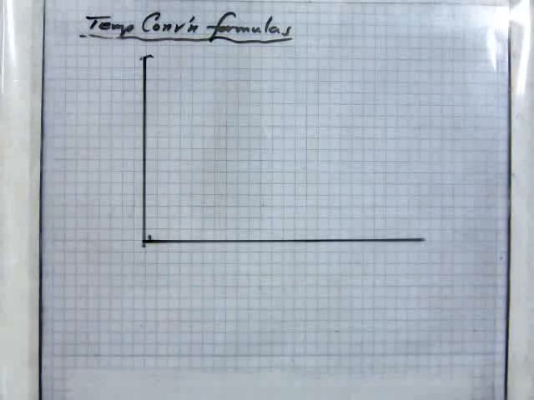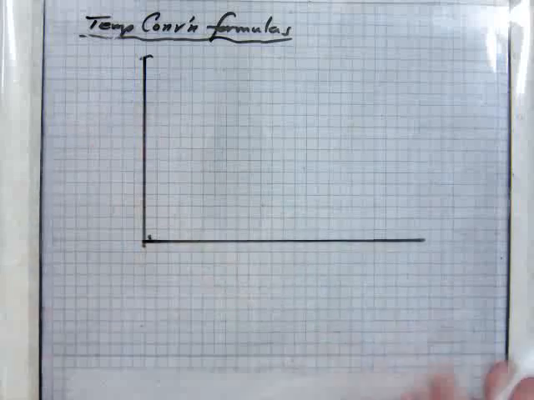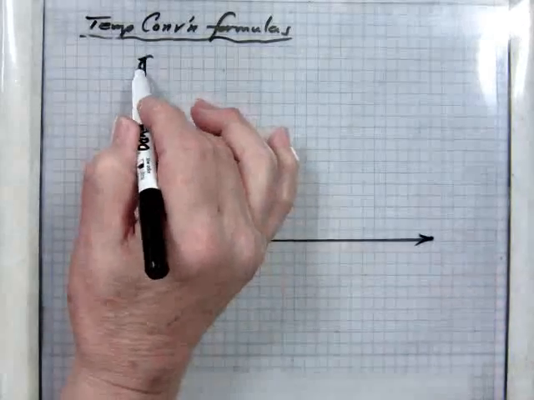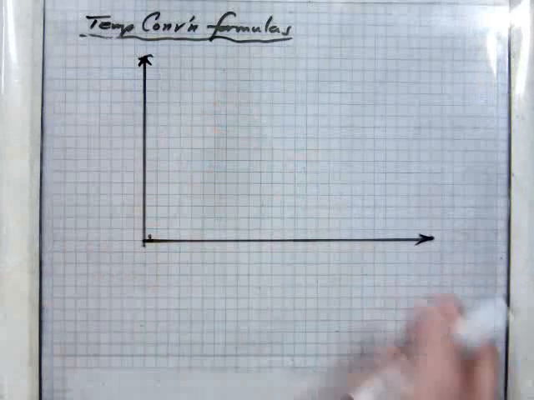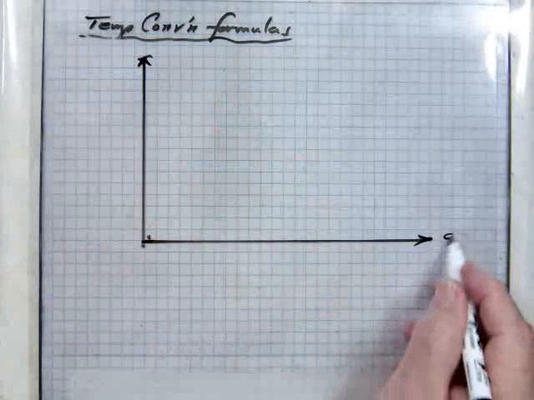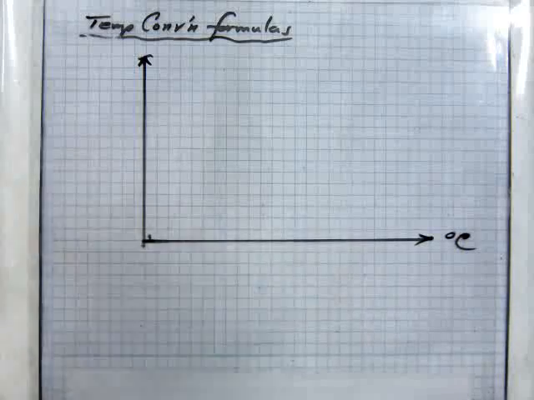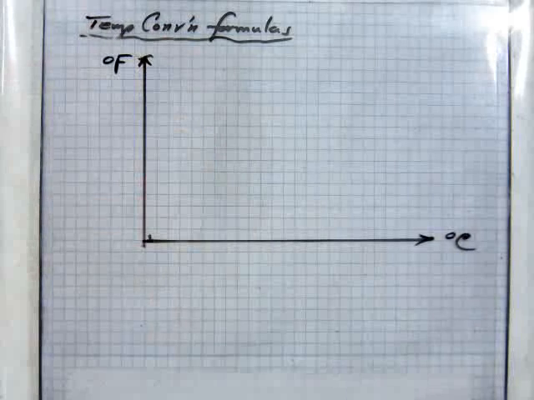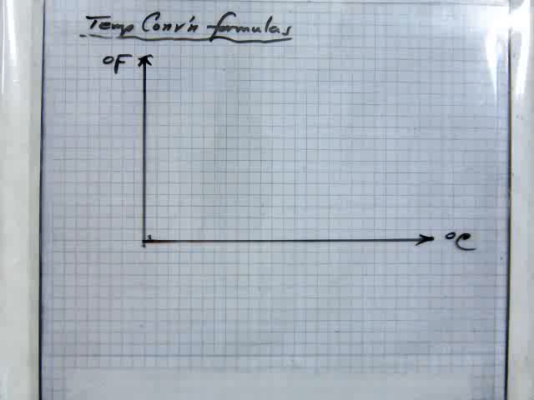Temperature conversion formulas. So what you need is an XY graph. On the x-axis, we're going to call that degrees C, and on the vertical axis is degrees Fahrenheit. We're going to plot on this graph the freezing point of water and the boiling point of water in Celsius and Fahrenheit.